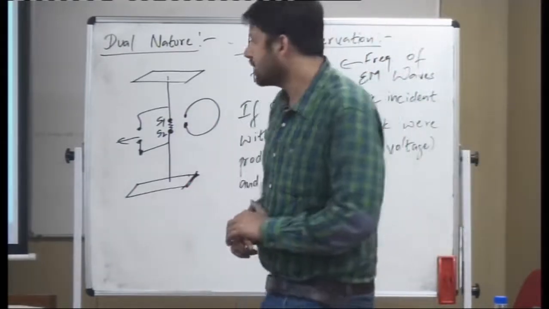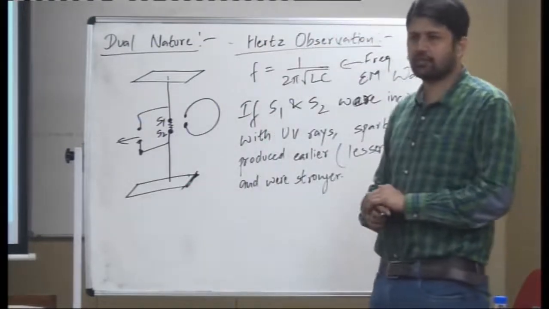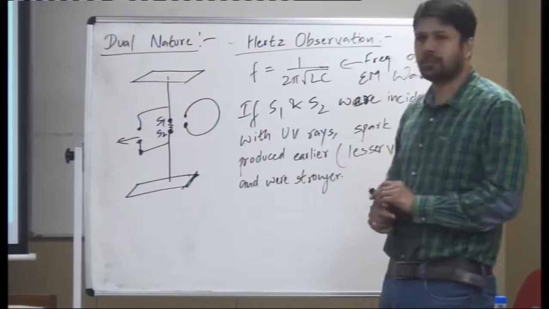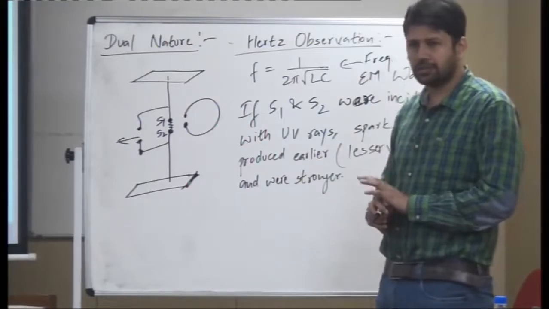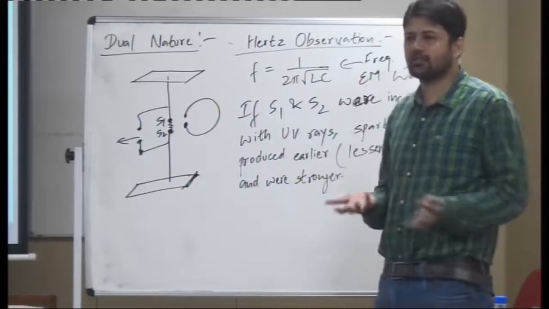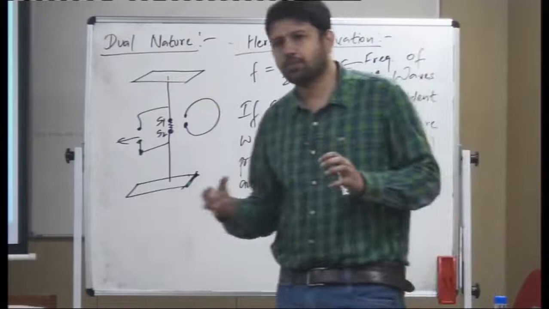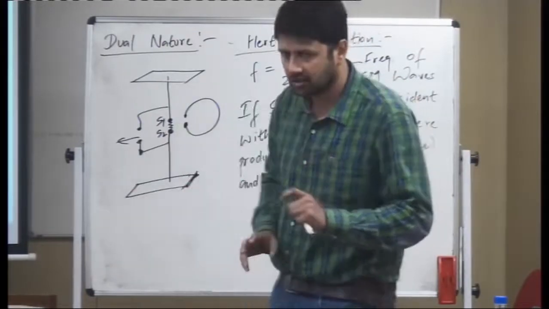So what he concluded from this is that UV might be helping in releasing electrons from the spheres, in pushing the electrons out of the spheres.